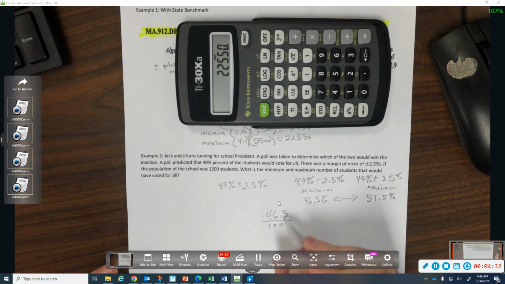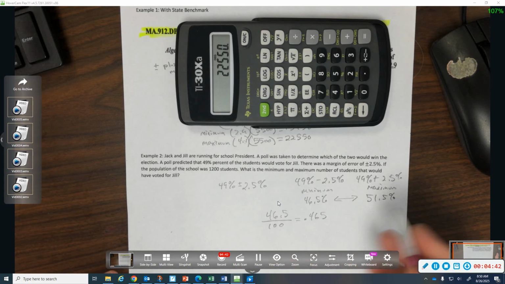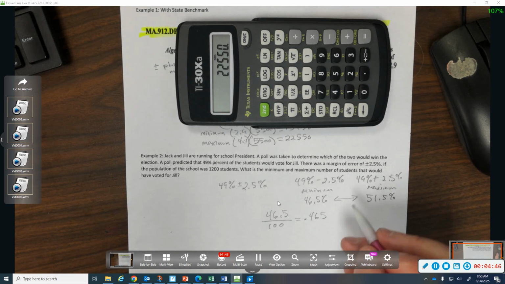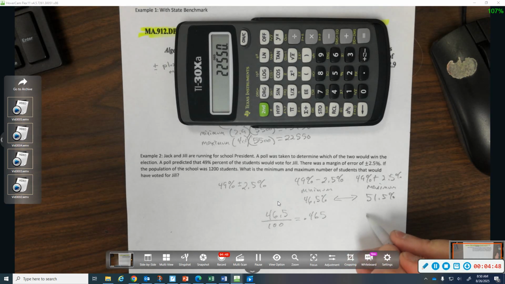So you put the percent over 100, which becomes 0.465. The trick everyone has learned from early on in school is just to move the decimal over twice for percents. It's a useful technique, so the other one is 51.5 over 100, which gives 0.515.